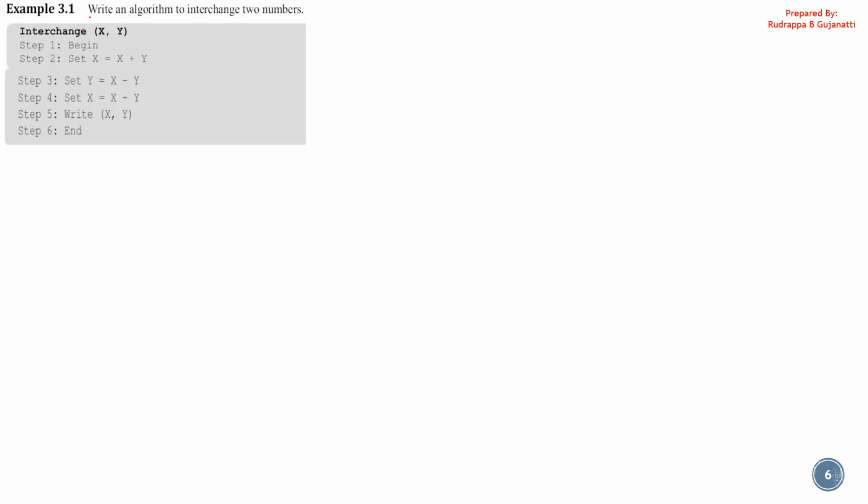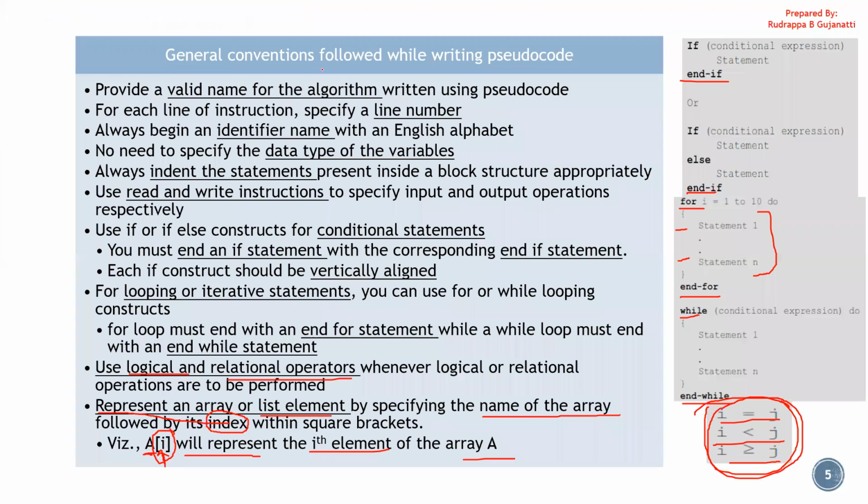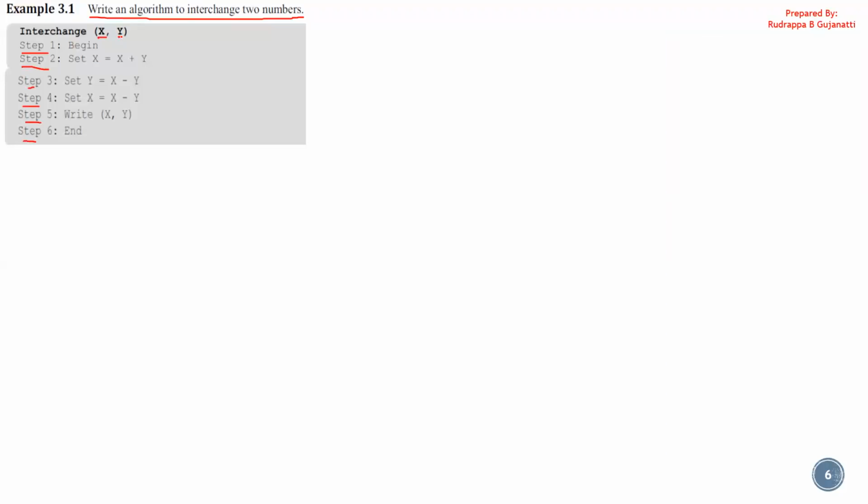In this, we can observe: write an algorithm to interchange two numbers. Again, as I specified, whatever we have discussed here, indirectly we are writing the algorithm itself, but in pseudocode form. Here we have mentioned the steps, we have the identifiers, and we have a name given to the pseudocode or the algorithm.